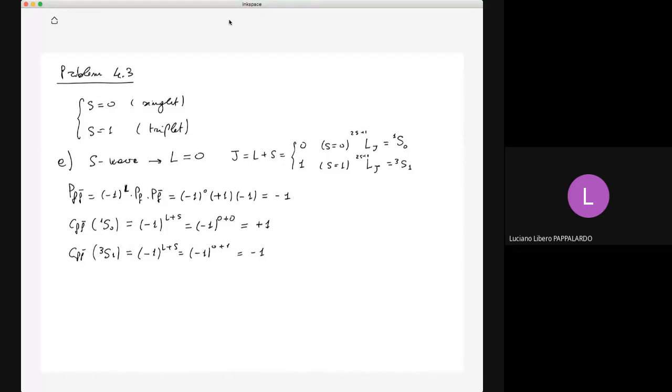And so we can draw the result for this first part of the problem: the JPC for the state 1S0 must be 0 minus plus, and the JPC for the state 3S1 must be 1 minus minus.